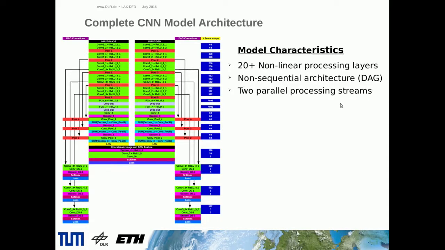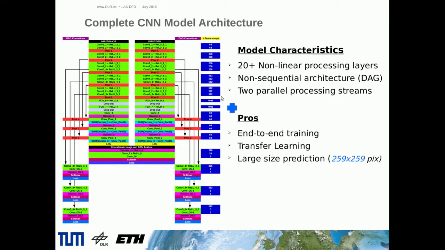This is a non-sequential architecture. I talked a lot about this directed acyclic graph. And as I said, we have two parallel processing streams with two input modalities. So two different sets of data, DEM and image. And the pros of this architecture is that we have end-to-end training. As I said before, we have the transfer learning.